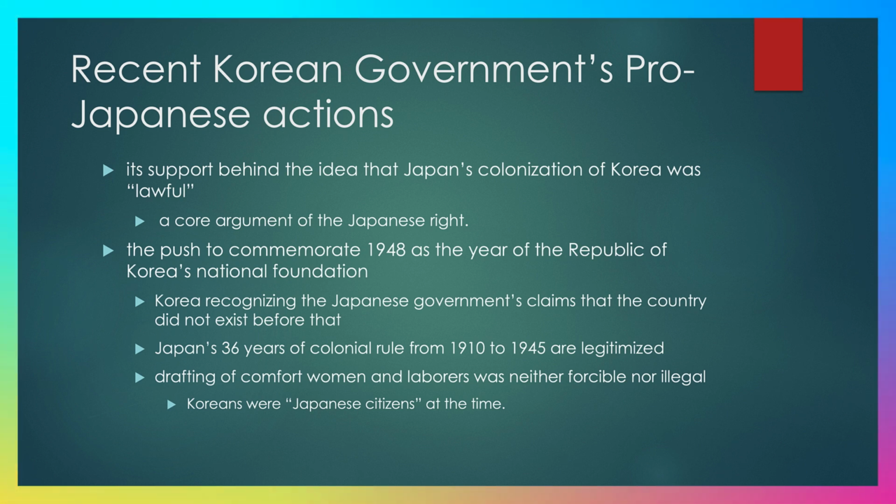And so if there was no government before 1948, then there was no South Korea. There was no Korea, right? So before that, the South Koreans were all Japanese citizens. If you argue that there's no South Korea before 1948, right?